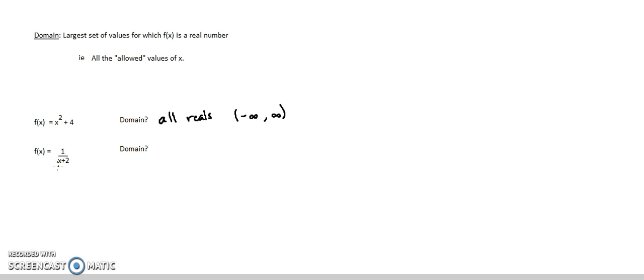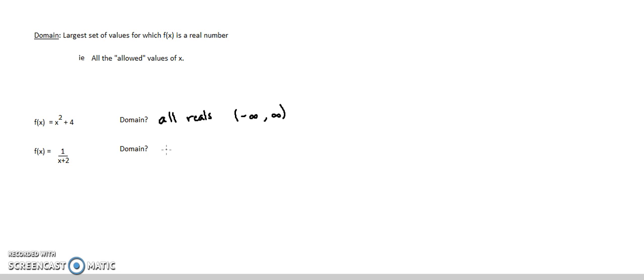When is this denominator 0? When am I going to have a problem? Well, if x is -2, I get -2 plus 2, I'm going to get 0 in the denominator. So -2 is going to be a problem. Anything else that we plug in, we might end up with a fraction, whole number, negative number, doesn't matter, but any other number is okay. -2 is the only one that gives us a problem.